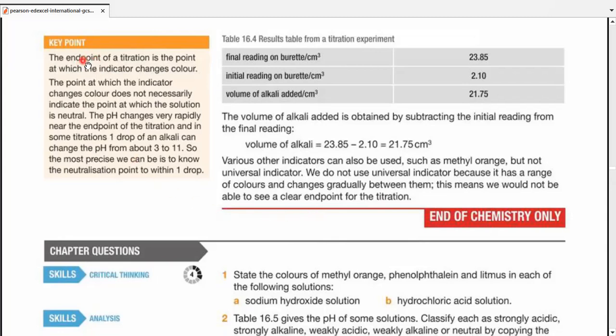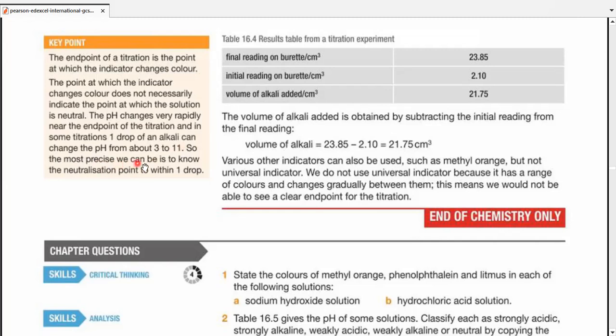A key point: the endpoint of the titration is the point at which the indicator changes color. The point at which the indicator changes color does not necessarily indicate the point at which the solution is neutral. The pH changes very rapidly near the endpoint of the titration, and in some titrations, one drop of an alkali can change the pH from about 3 to 11.